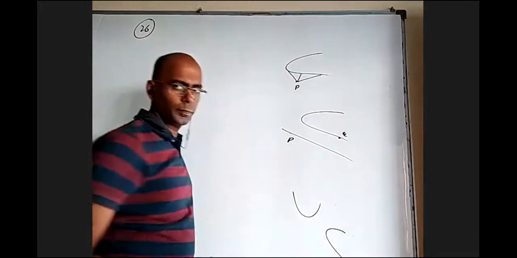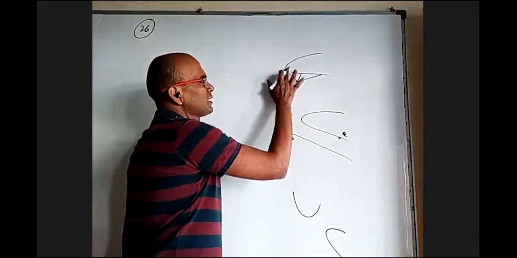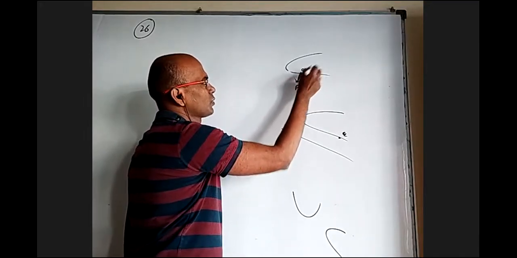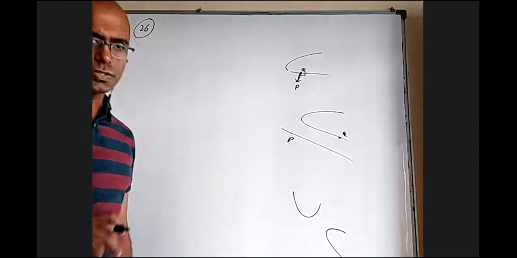Here PQ is least when the line through P is normal to the curve at Q.